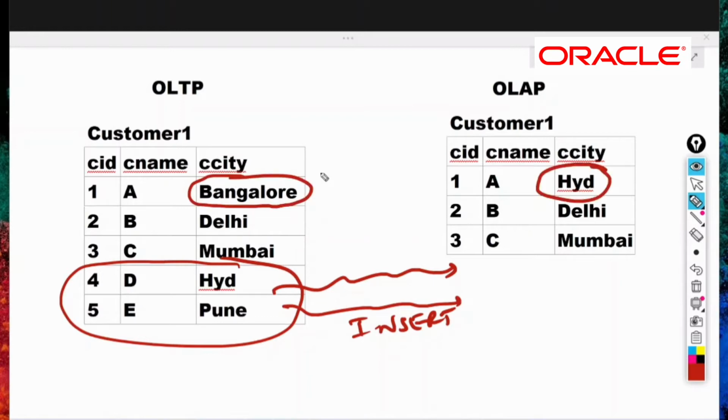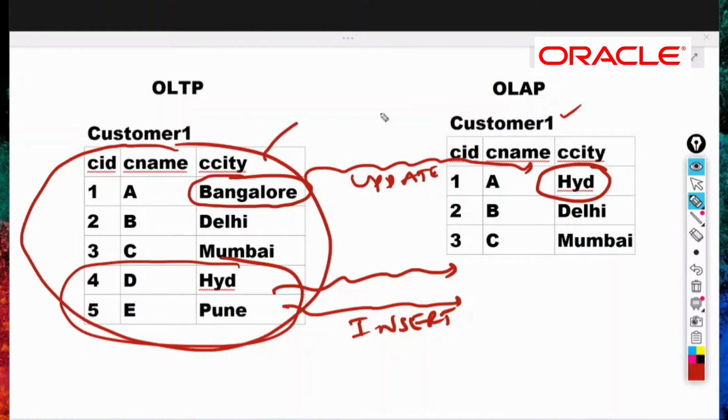What do we have to do here? Update. So we have to do update and insert in this customer one table, the duplicate copy. To apply the changes of one table to its replica, which command do we have to use? The merge command. Using the merge command, we apply the changes of one table to its replica.